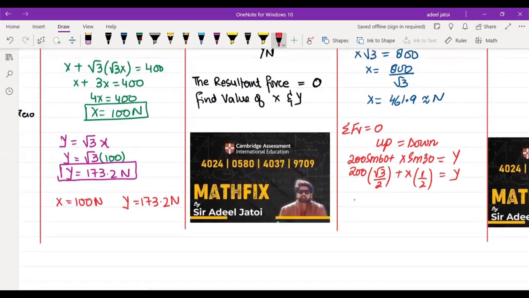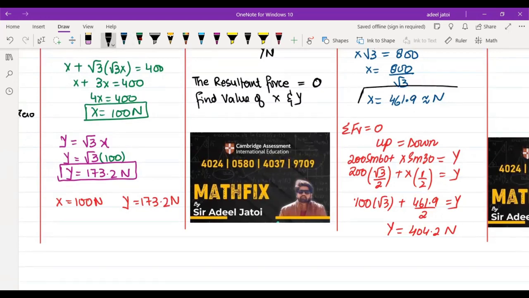Now this should be 100 into under root 3 plus, and x is 461.9. We'll be taking the exact value here. So if I calculate, your y will be 404.2 Newton.